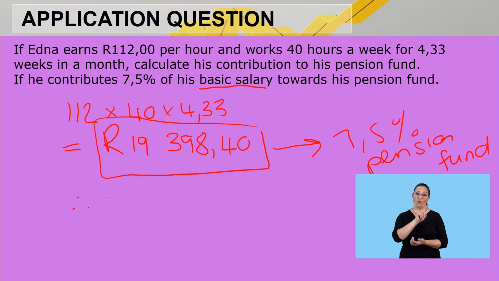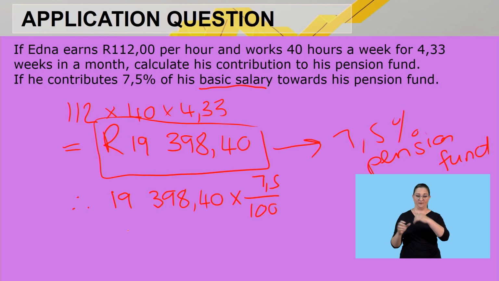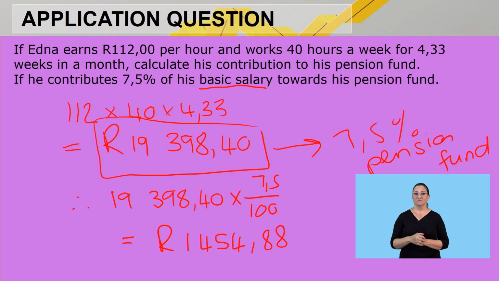Therefore, it's going to be 19,398 Rand 40 times 7.5 over 100, and that is 1,454 Rand 88, meaning his deduction on his salary advice slip for pension fund will be 1,454 Rand 88 cents.